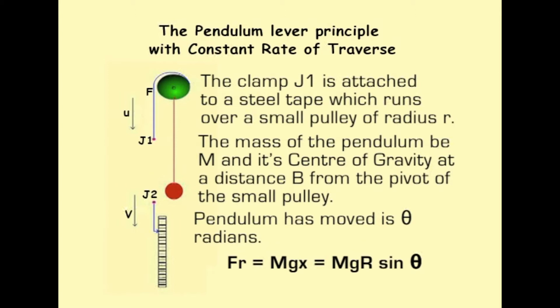The values of m, g, b and r are constant, and therefore F is proportional to sin theta. Since the force F is acting on the tape, it is also equal to the tension in the specimen. Thus, the tension in the specimen is proportional to the sine of the angle through which the pendulum has been swung.